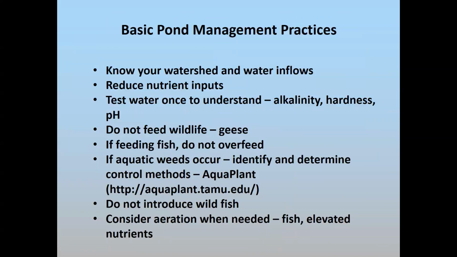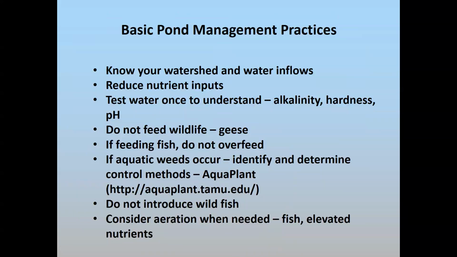So certain herbicides, like the copper compounds, can be very toxic to fish in waters of low alkalinity, low being under 40 parts per million. So again, knowing your pond will help you understand how to manage your pond.